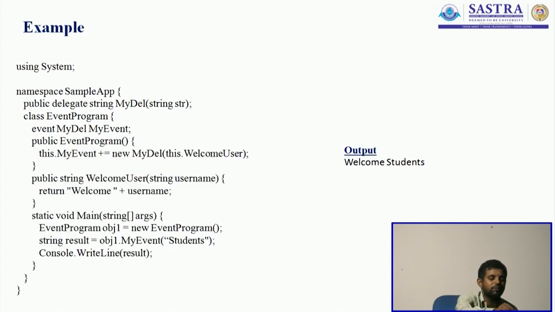See here, we are creating a namespace called SampleApp. We have the delegate, which is MyDel, right? EventProgram is going to be the class name. And then we want to specify something as an event, so the keyword event should be there, followed by the delegate name, followed by the event name, which is MyEvent, right.